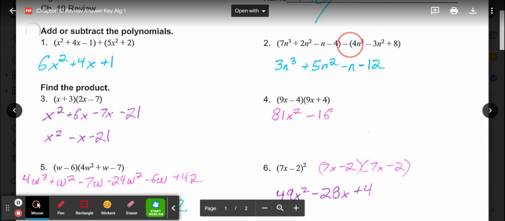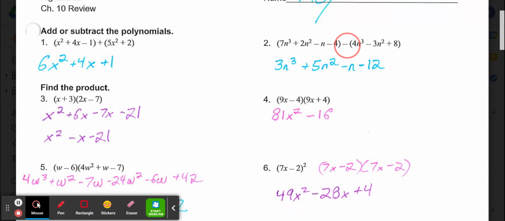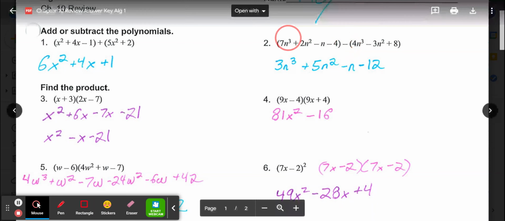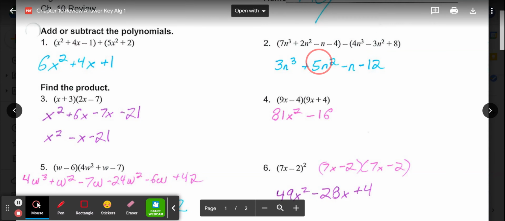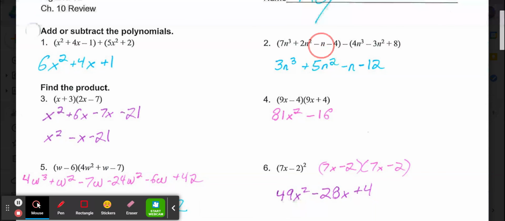In number 2, we're subtracting the different polynomials, but we're still using the same rule for combining like terms. So the 7n to the third minus 4n to the third gives me 3n to the third. A positive 2n squared minus a negative 3n squared is the same as addition, so that'd be 5n squared.